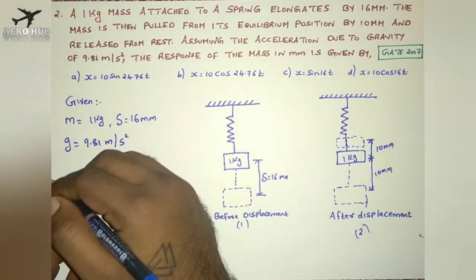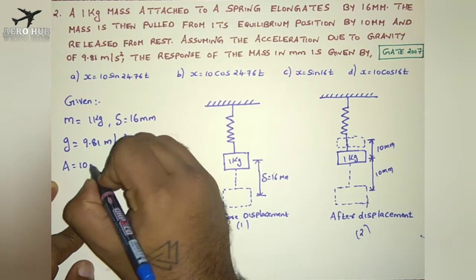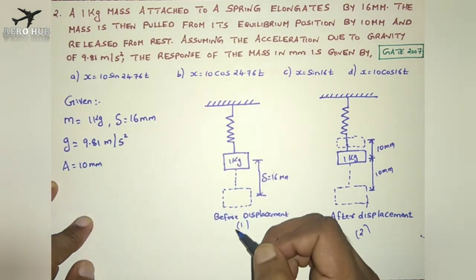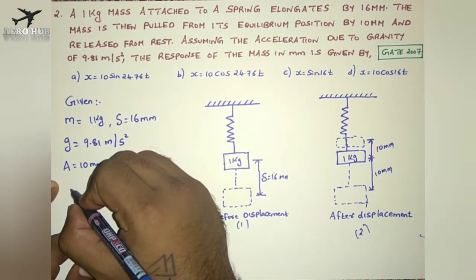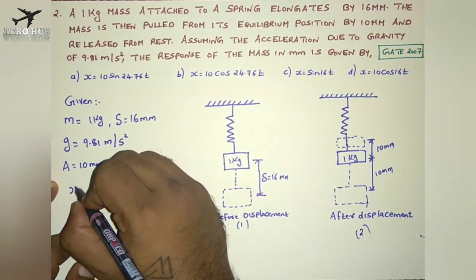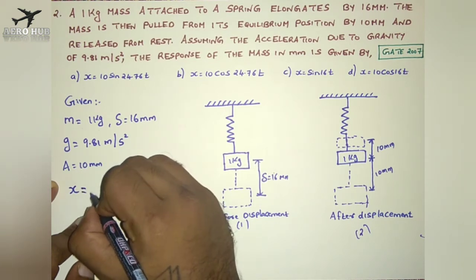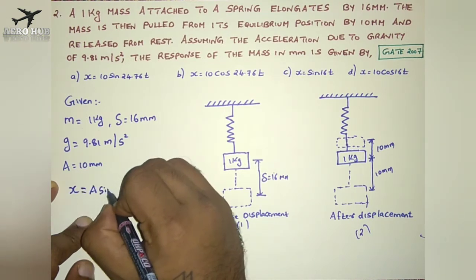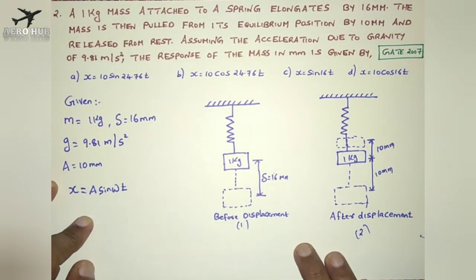So I can write the value of amplitude as 10, and this is a perfect example of harmonic response. The response of a system undergoing harmonic motion, harmonic vibration, is given by x is equal to a sine omega t, where a is the amplitude.